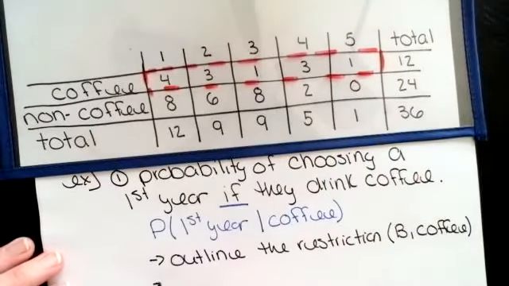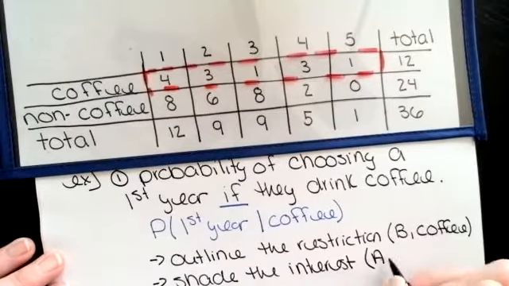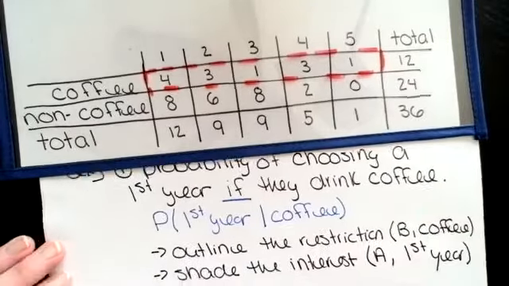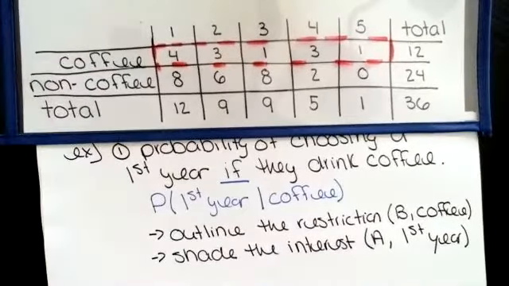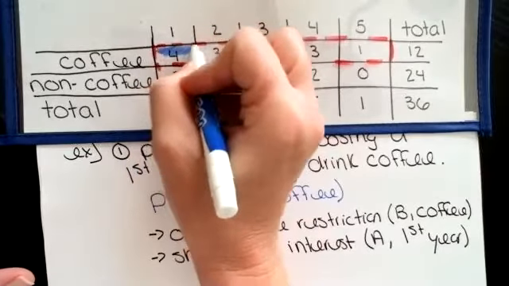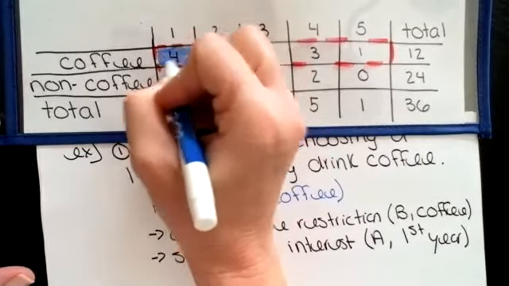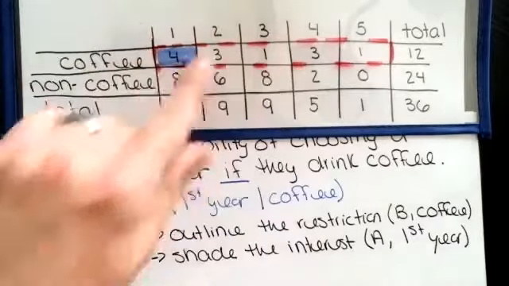And secondly here, I'm going to shade what I'm interested in. And my interest is event A, which in this case is first year students. So I'm going to shade that. So here I'm just going to shade this one box in out of where I restricted it, out of the outline.